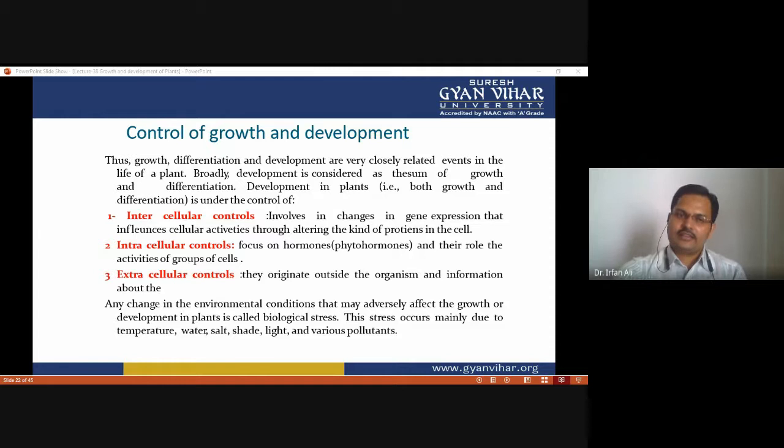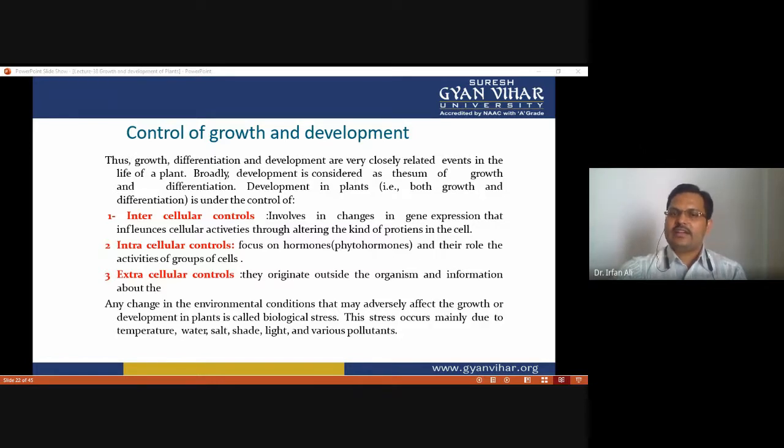So we say that there is intercellular control at the genetic level, and intracellular control, particularly by the hormones, phytohormones, and their role in the activities of cells. So the intracellular control is by the plant hormones, and extracellular control is also there.